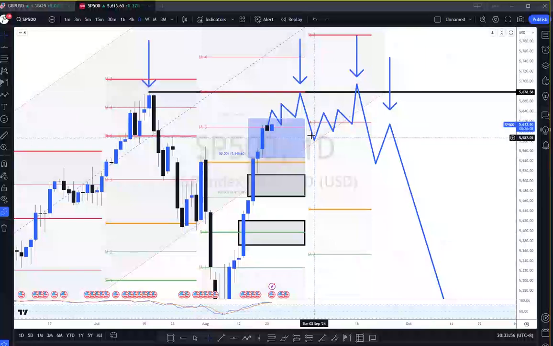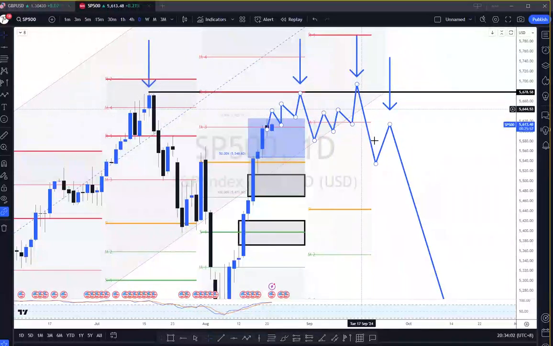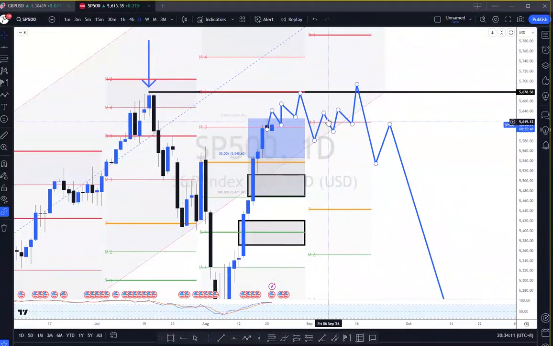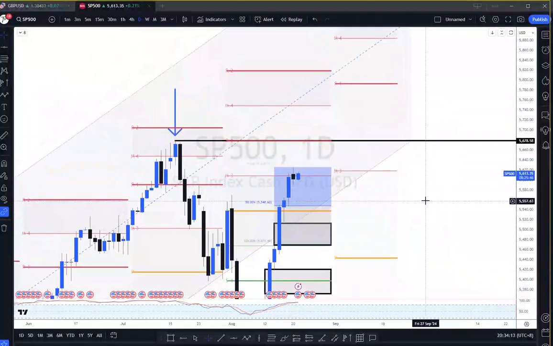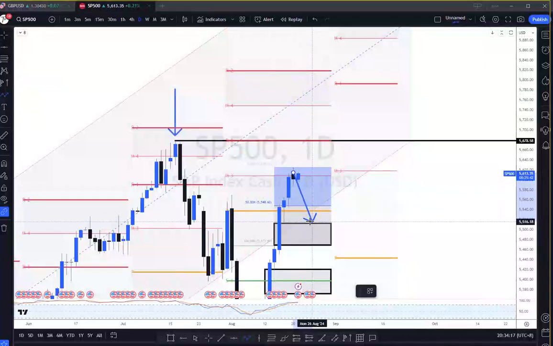In the rare chance that we see a movement like this, we hit a double top, come down, we hit again, and we move to the downside. This is our sell plan, okay? But right now, it's much easier to look at a buy plan. And the buy plan is here, and our target is here.